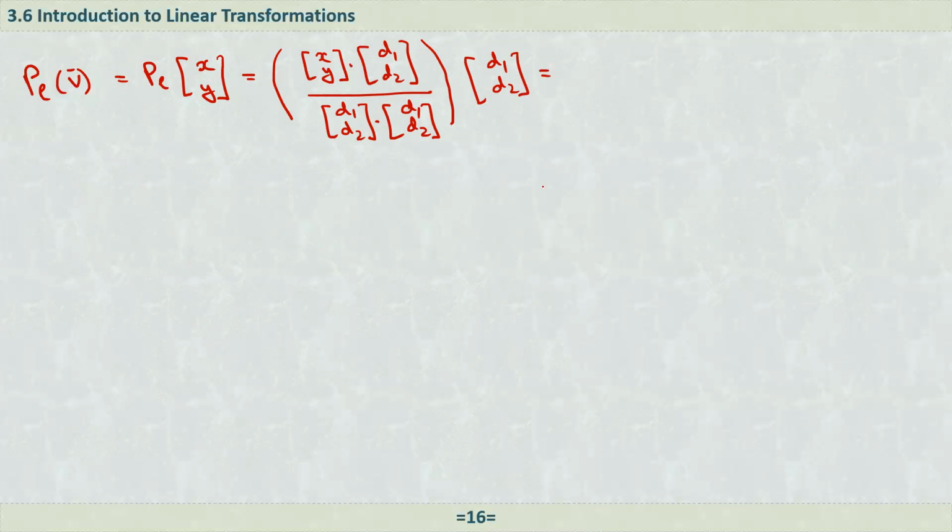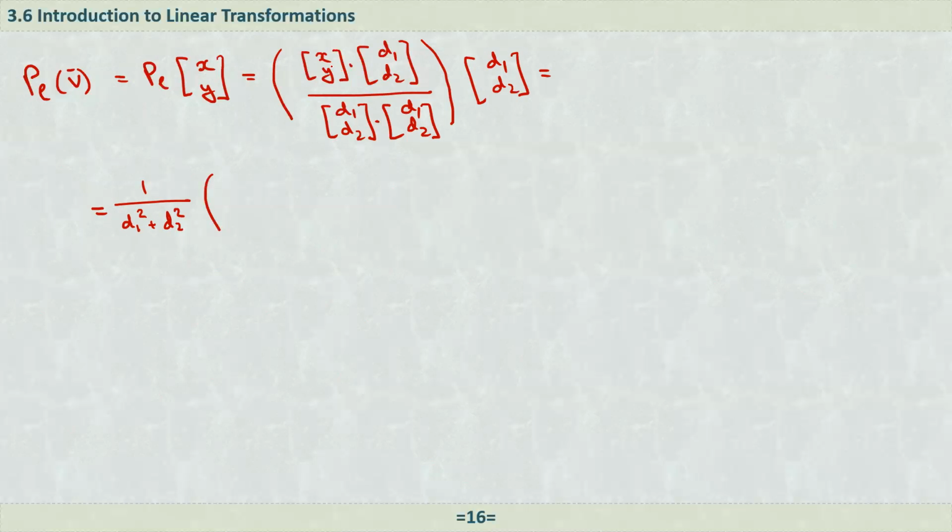So that is equal to, and let me keep the new denominator here, 1 over d1 squared plus d2 squared.